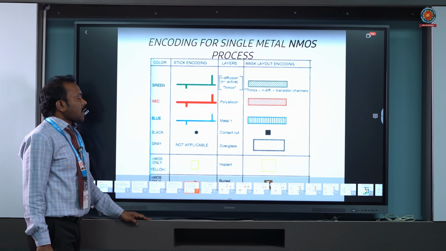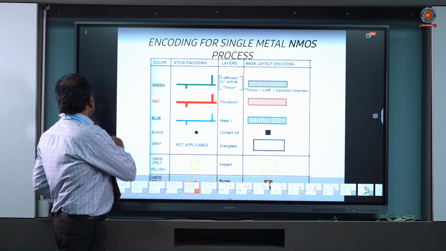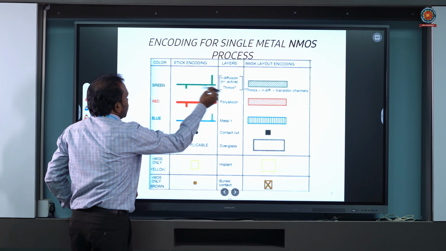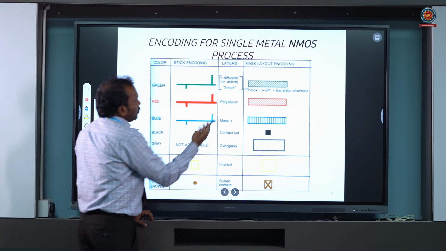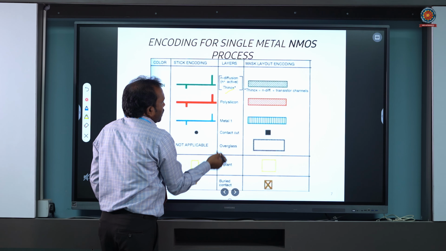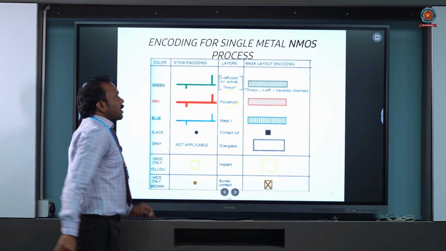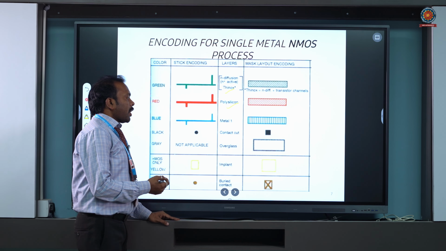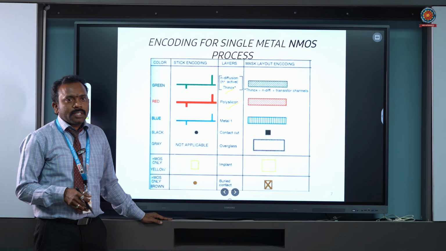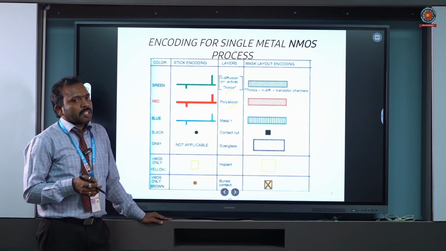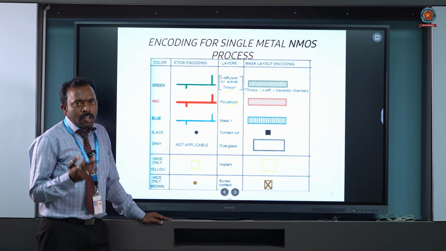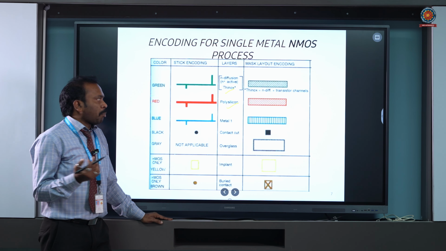In the NMOS process, as we know, one is your thin oxide, that is the active region, and this is your polysilicon. This acts as the gate terminal. NMOS itself is implemented with NMOS logic, where we have two types of transistors: one is enhancement type, the other is depletion type.